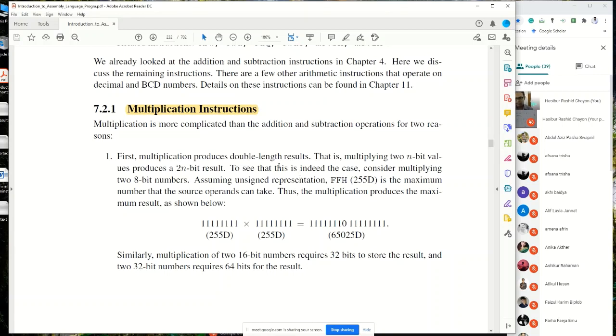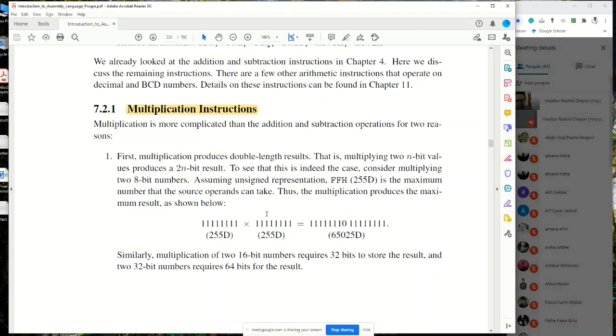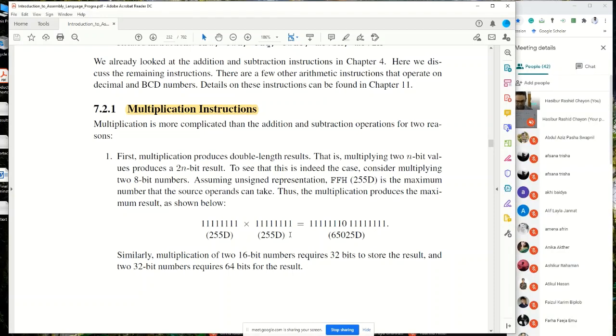Issue number one: whenever we do addition, if you add two 8-bit numbers, the result will be a maximum of 8 bits with one carry bit, right? Subtraction, 8-bit minus 8-bit, obviously the result will be 8 bits long. But in multiplication, it's not like that. If you multiply an 8-bit data by another 8-bit data, the result will be 16 bits long.